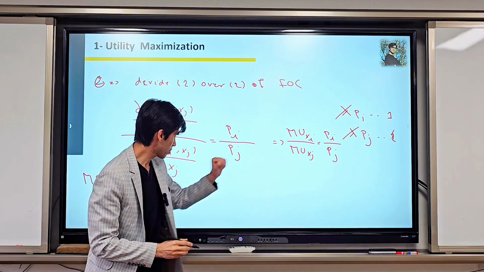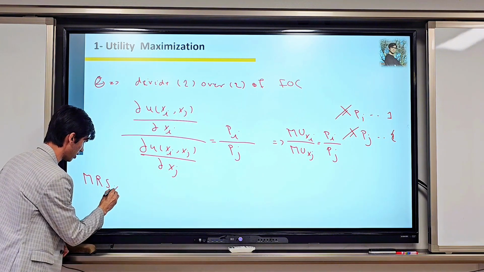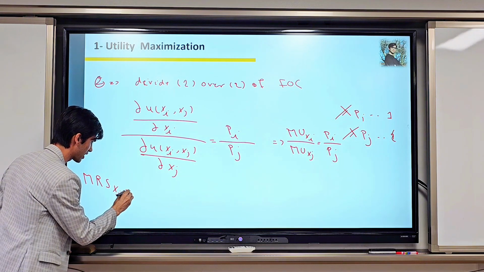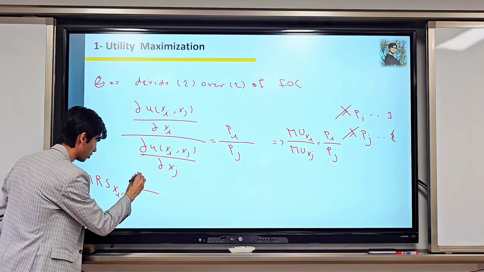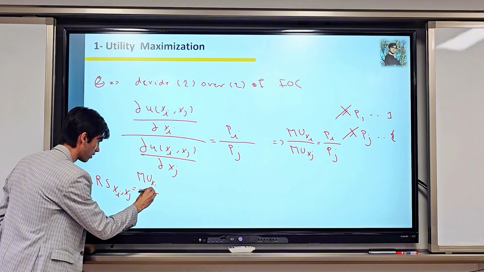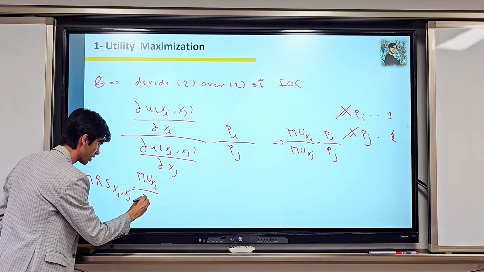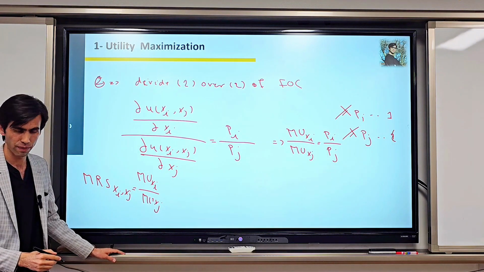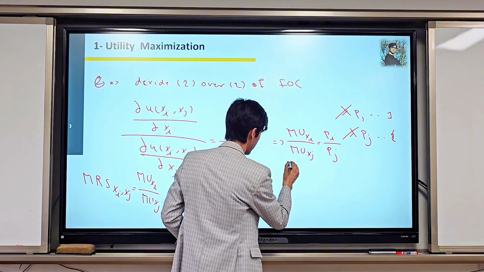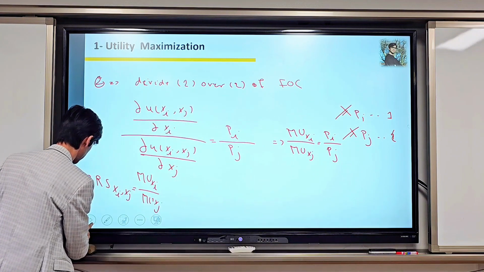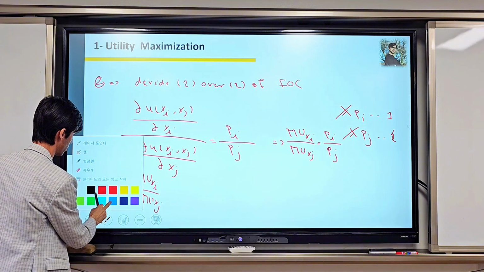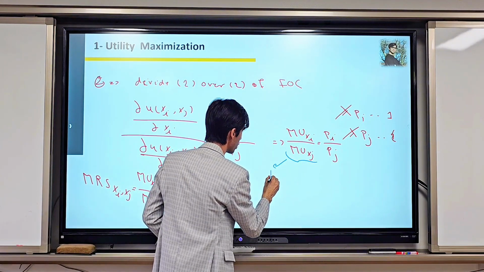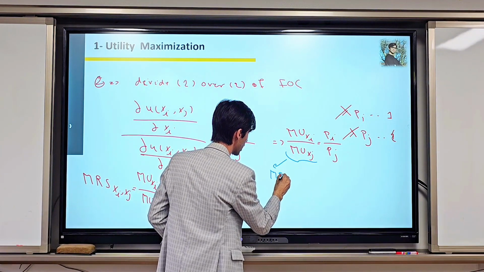So the marginal rate of substitution of xi for xj is equal to the marginal utility of xi divided by the marginal utility of xj. So this term is our marginal rate of substitution.